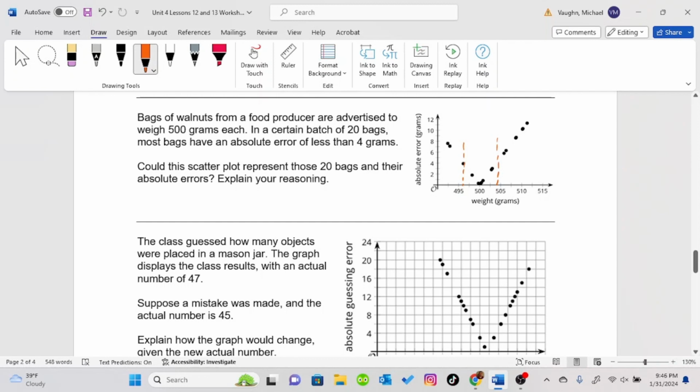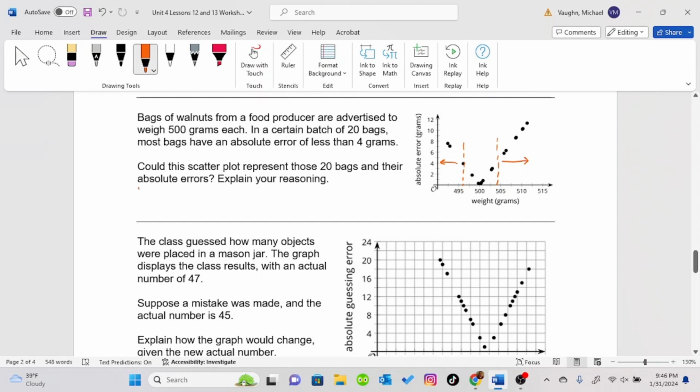But it looks like we have at least 1, 2, 3, 4, 5, 6, 7, 8 that are outside of it. And maybe 1, 2, 3, 4, 5, 6 that are inside. So it looks like there are more above and below that 4 grams on either side of the 500.